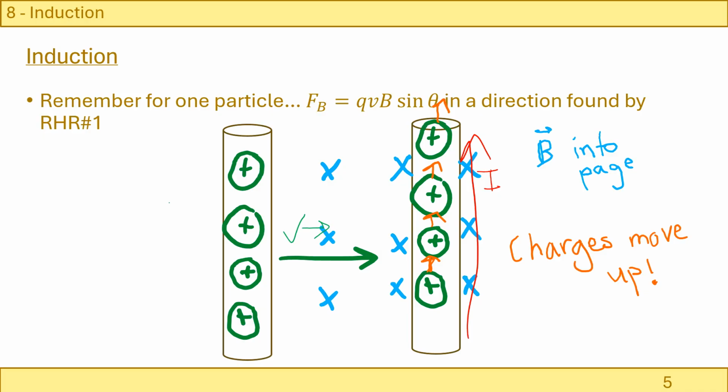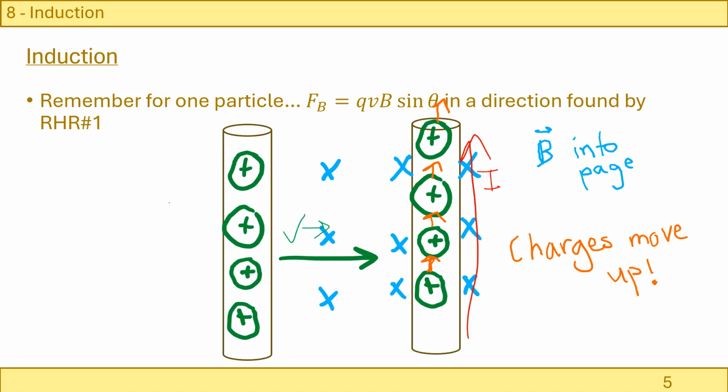Of course, in real life, the protons aren't really doing any of the moving. It's all done by the electrons moving downwards, but that's the same as having an upwards current. Until now, we haven't really paid too much attention to the direction of current, but now we're going to have to start to think about it whenever we're talking about the magnetic field, that there is a direction to the current. Whether it moves up or down is going to matter.